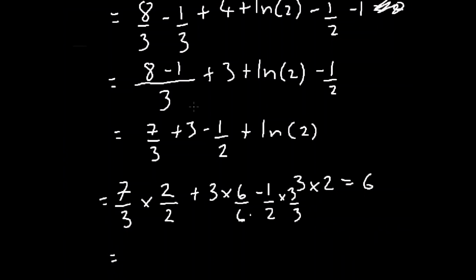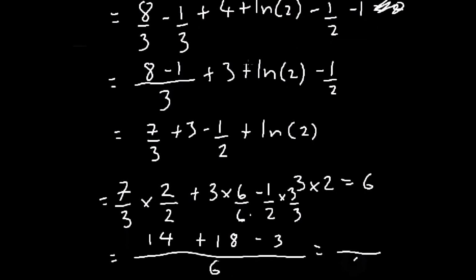So now I've got a constant 6 with everything. Everything will be divided by 6. And I can get 14, 7 times by 2, plus 18 minus 3. And finally, that will be equal to everything divided by 6. And I'll go 14 minus 3.